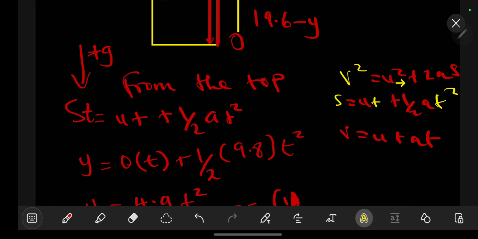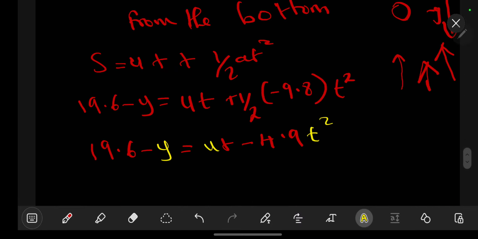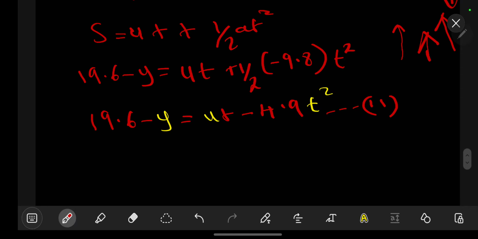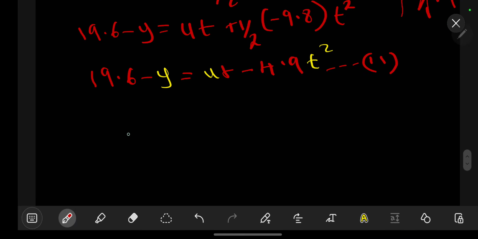We have our initial velocity, which we want to find. The displacement we already know, which is our maximum, 19.6. Then we have the acceleration due to gravity. Let's call this our equation 2. So we are going to have v squared equals u squared plus 2as.